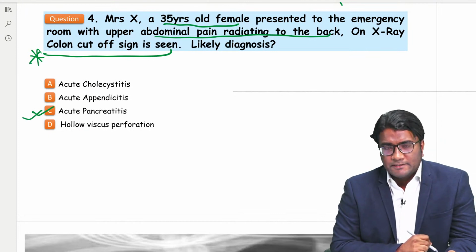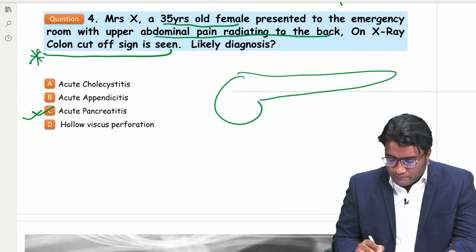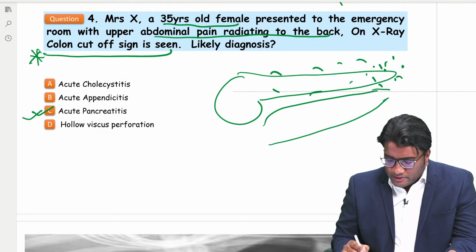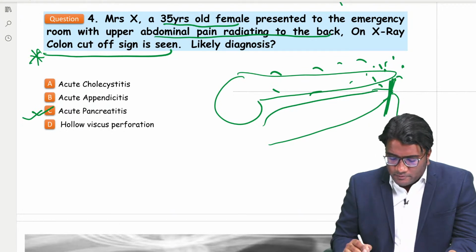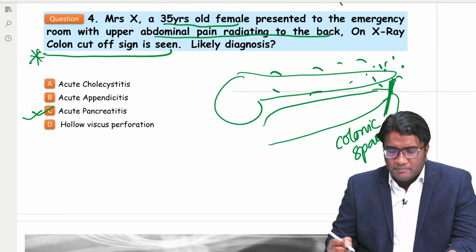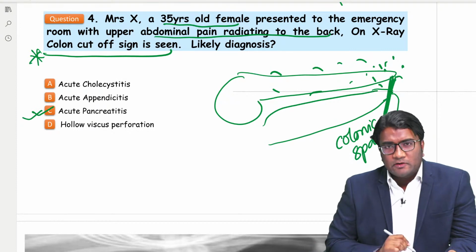Acute pancreatitis. Now, what happens is when you have an inflamed pancreas, the adjacent transverse colon, because of the inflammation, undergoes spasm. So, no air comes into the descending colon. There is a colon cutoff because of the colonic spasm that occurs because of the adjacent inflammation in the pancreas, and that is called the colon cutoff sign.